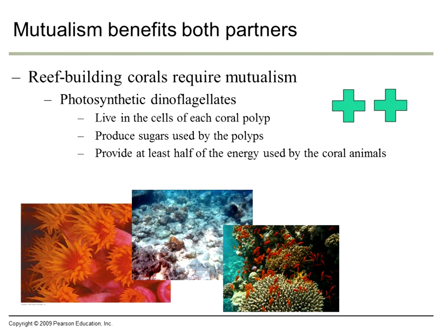So that provides about half of the energy used by the coral animals, so then they can obtain the rest of their energy by feeding on sources in the water. So these coral reefs, one reason why they're so productive is because they have this mutualistic relationship.